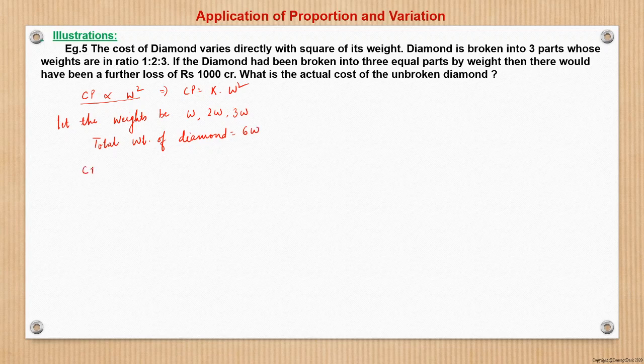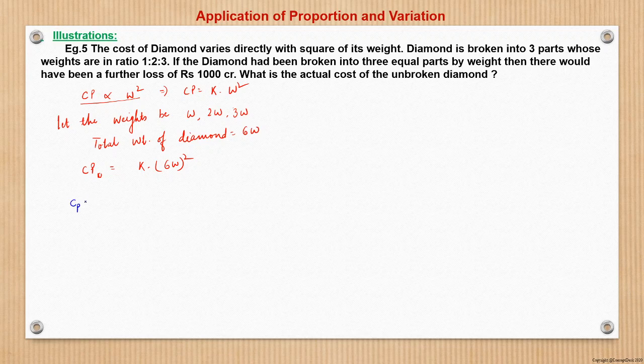Okay, so the original CP would be what? K times 6W whole square. Now, when it is broken, let this be CP0. Now what would be CP1? What would be the cost of the individual broken parts, that is W, 2W and 3W.